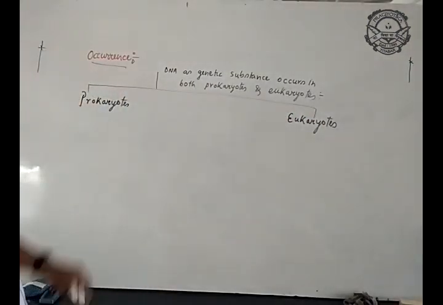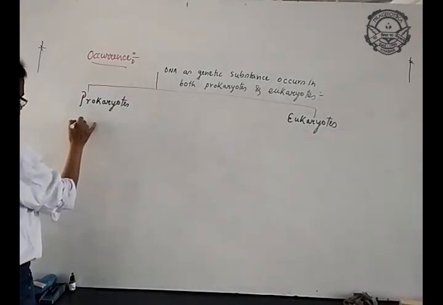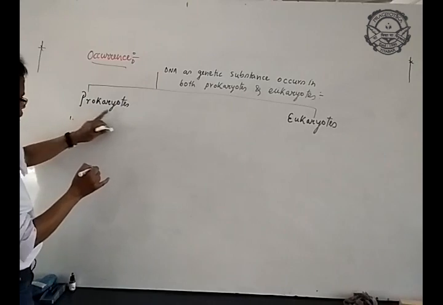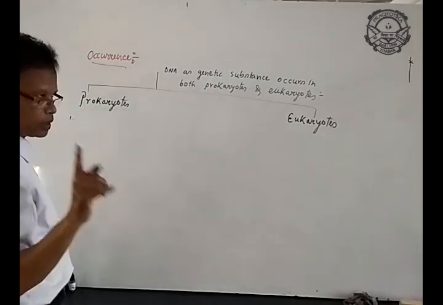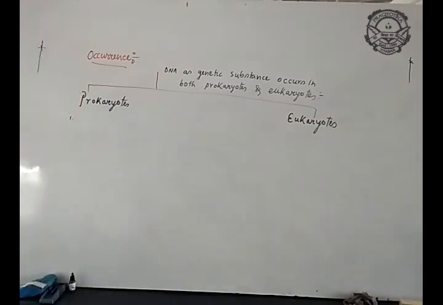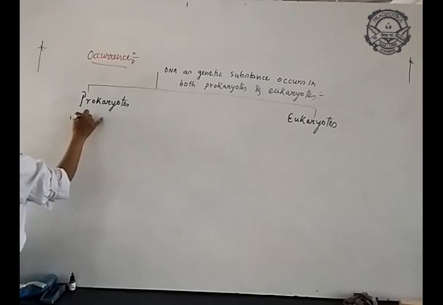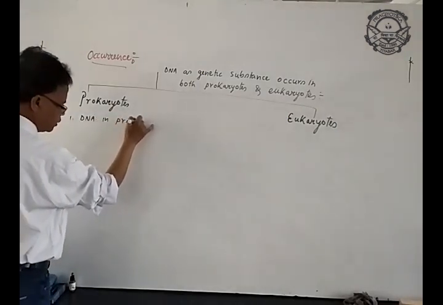Now let me draw the DNA that occurs in prokaryotes. The DNA that occurs in prokaryotes is called naked DNA.